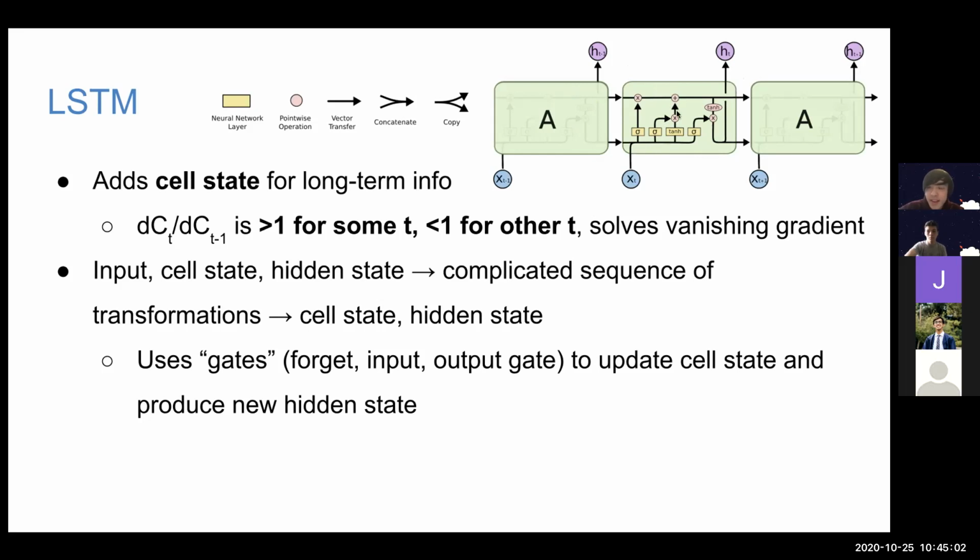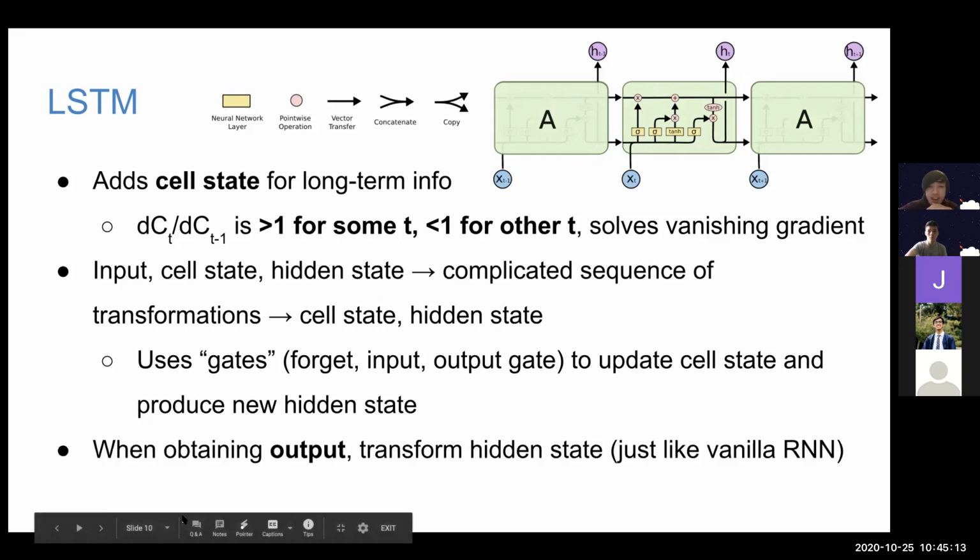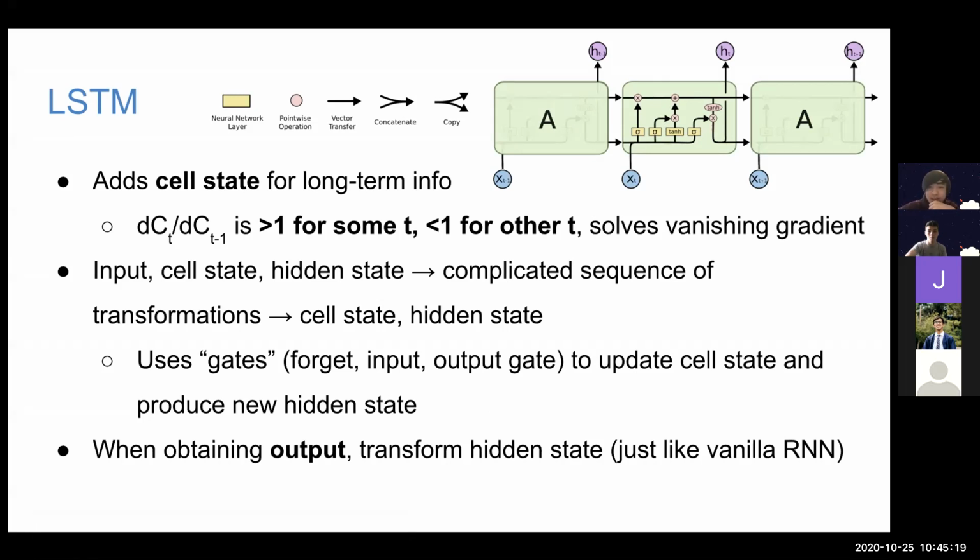And everything else is the output gate. It uses these gates to update the cell state and to produce a new hidden state. When you're obtaining your output, you just transform the hidden state, like you did for the vanilla RNN, and you ignore the cell state. After you use the cell state, you throw it away and don't care about it anymore.